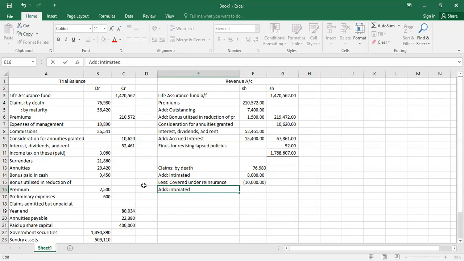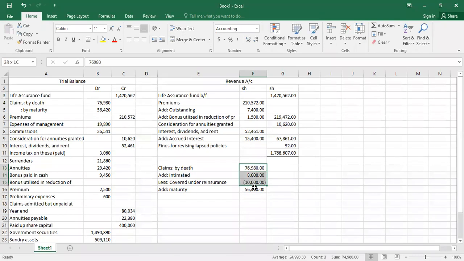This is by maturity. They're getting 131,400. We go on.